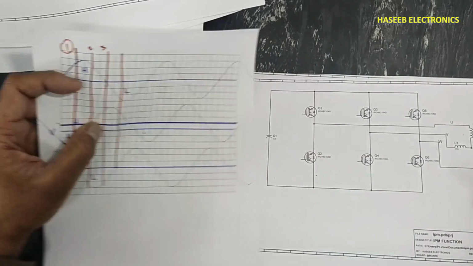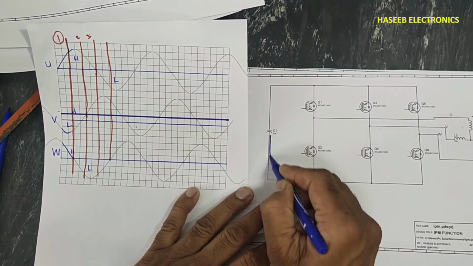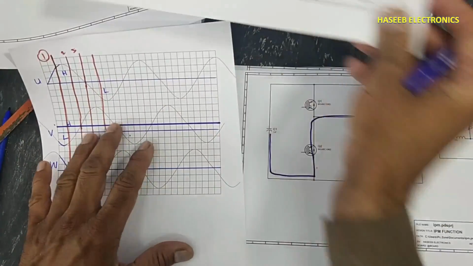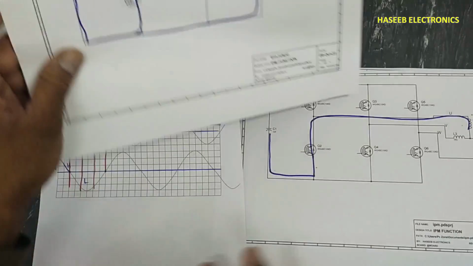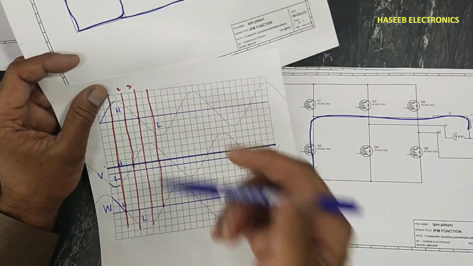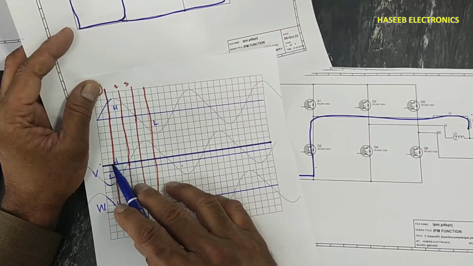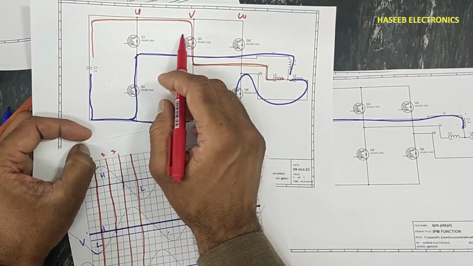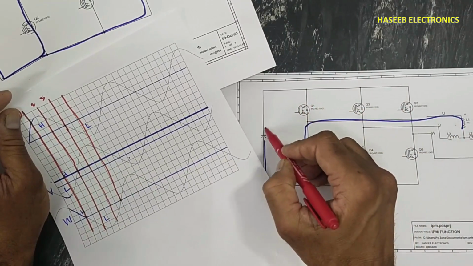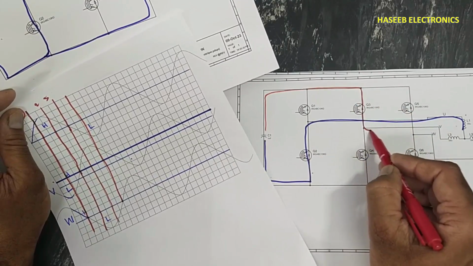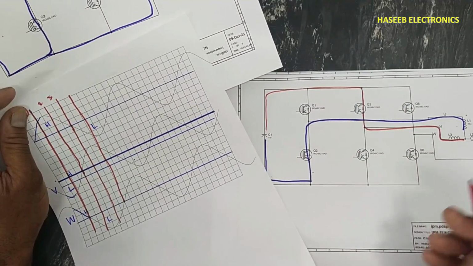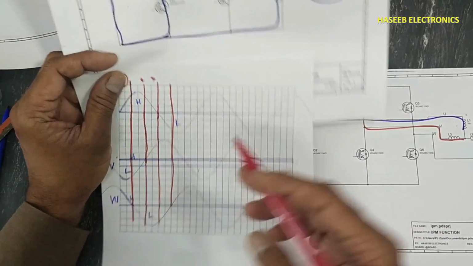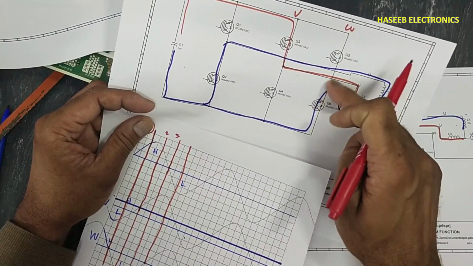UL is on, which we discussed here. Now VH is on, that is this one. It is already on in the last sequence. And now WH will shift. Before, this was on, now this IGBT will turn on.